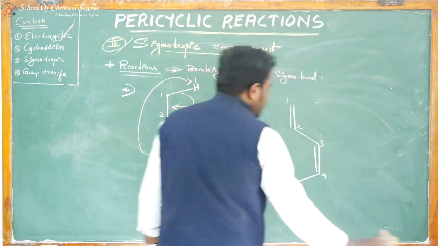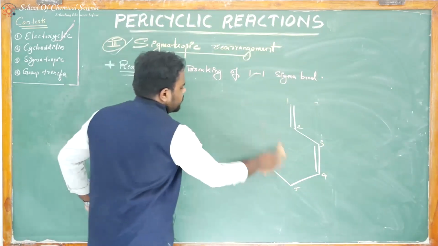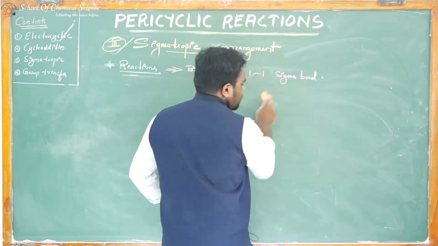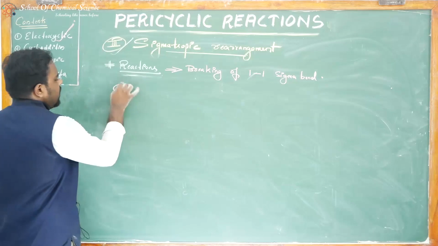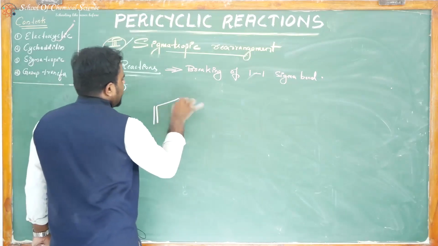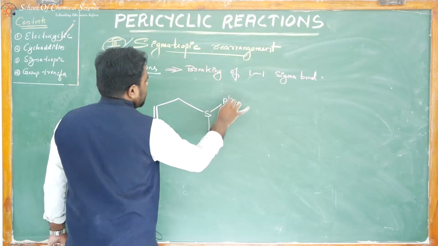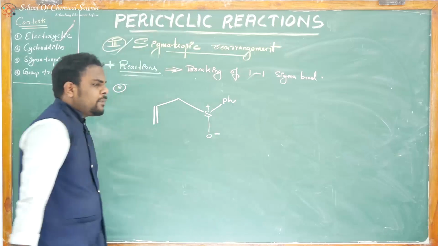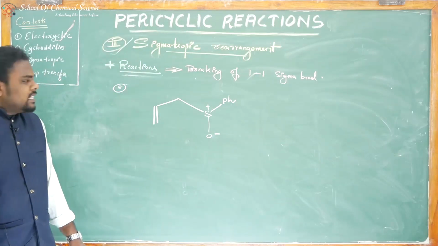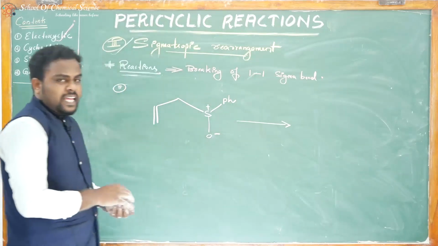Then another example. Fifth example. A typical system that shows sulfur oxide. Sulfur oxide is S plus O minus. S double bond O can be represented as S plus O minus. Whether this system shows sigmatropic rearrangement?